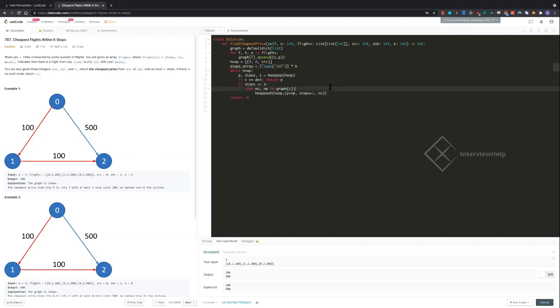But the thing is, how do you differentiate each node? Like, how do I know the cheapest way to reach node A in 3 stops? How can that be represented by this stops array?